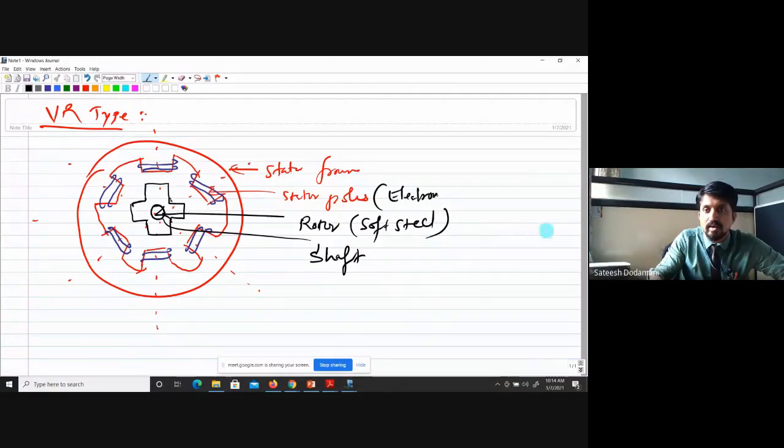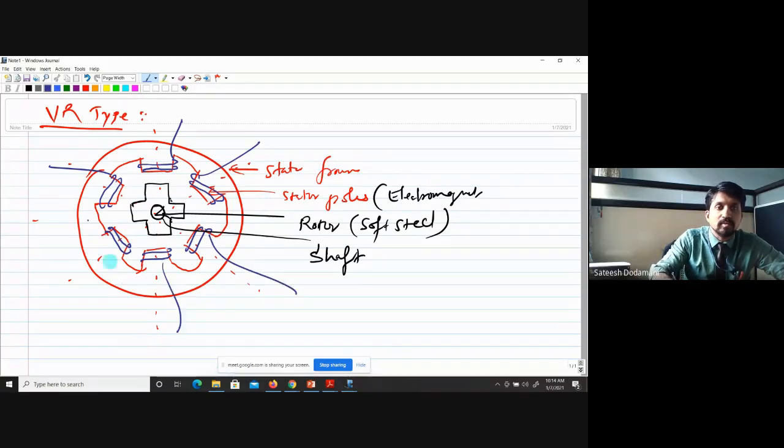electromagnet. It is called electromagnet because you are going to give the supply from this one wire, from this one wire, from this one more wire, from this one more wire. So these will be connected in some series fashion or in parallel fashion, and it will be given to the supply.